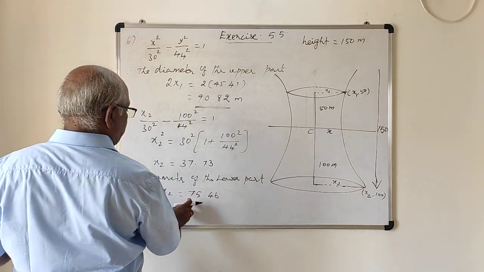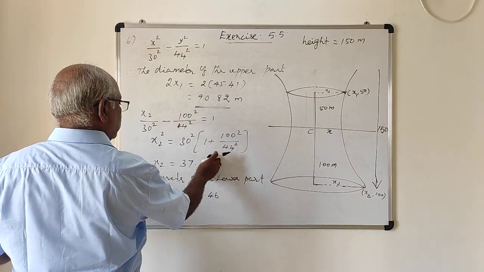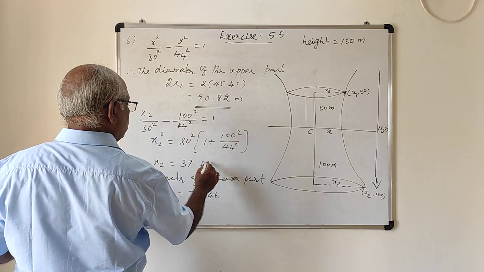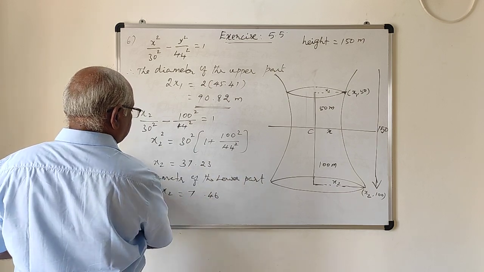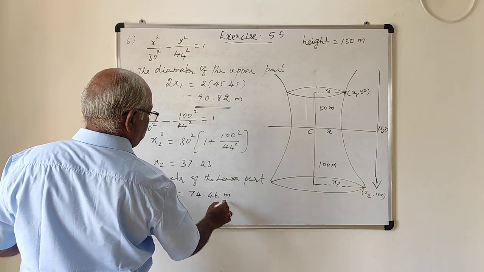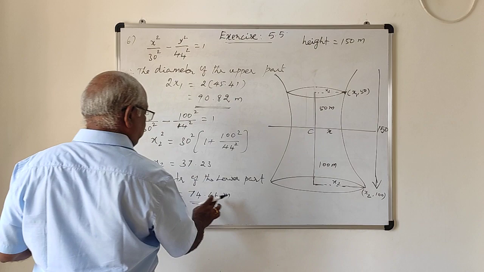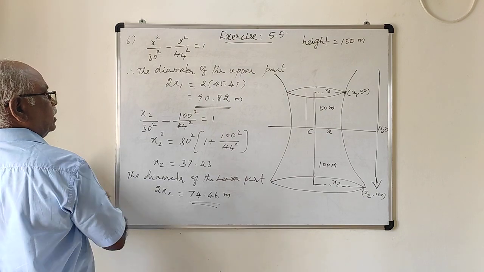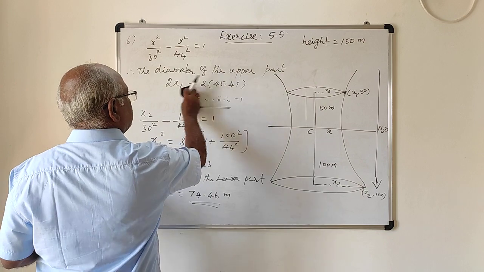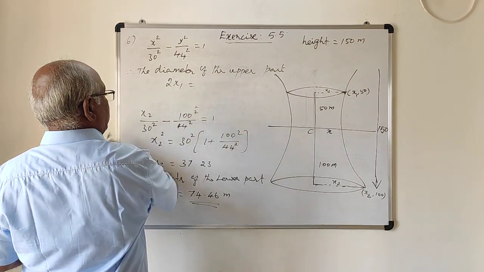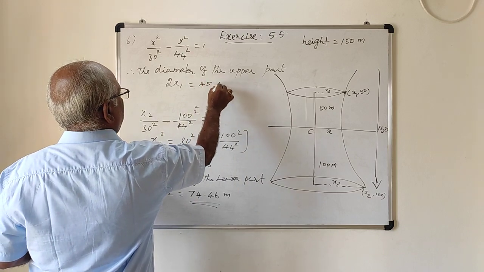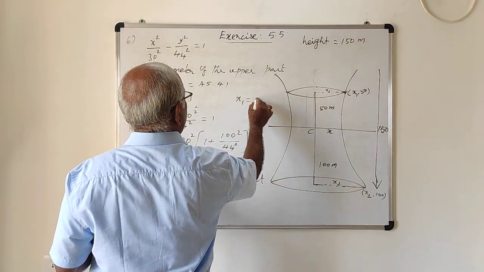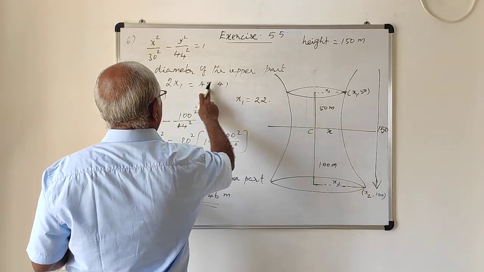So the diameter of the lower part is 74.46 meter, and the upper part is 90.82, sorry. The 2x1 is 45.41, so x1 is 22.71.